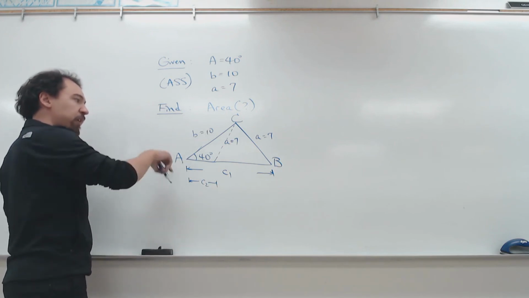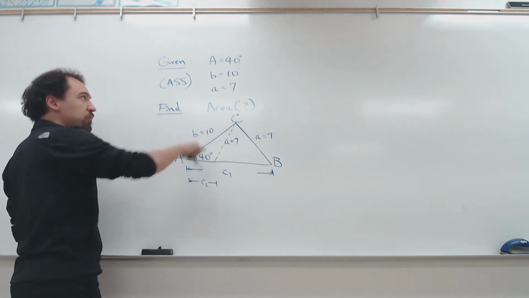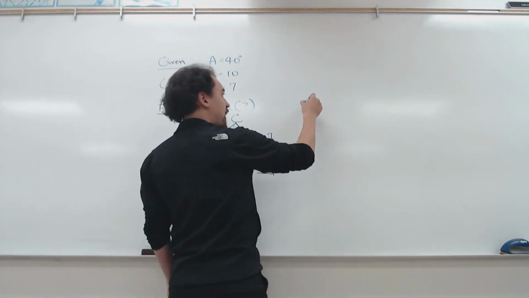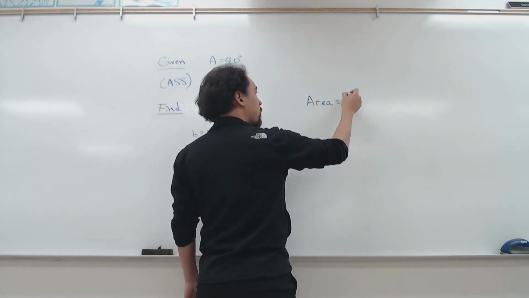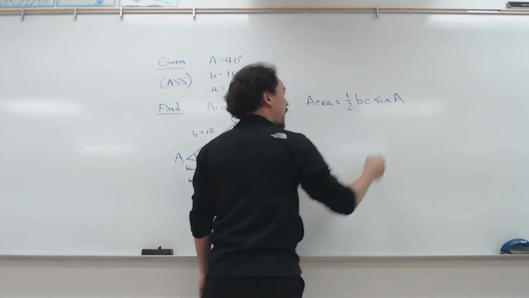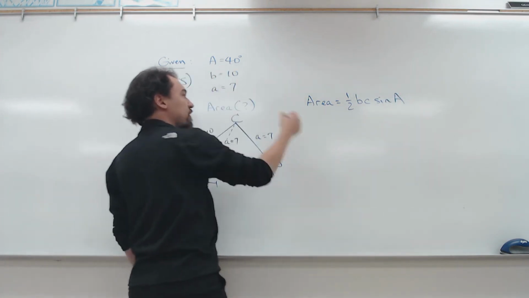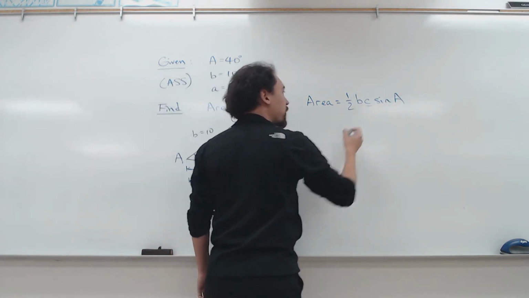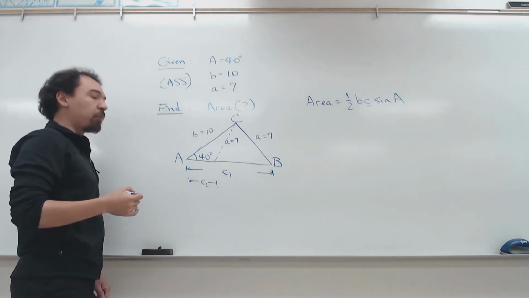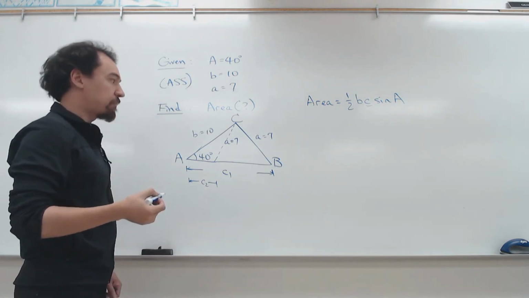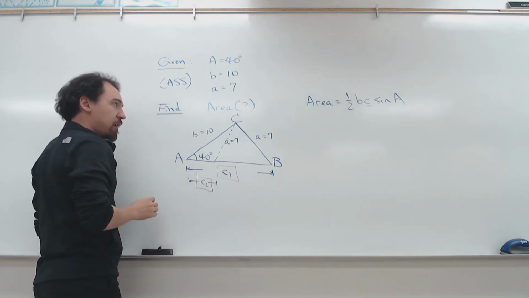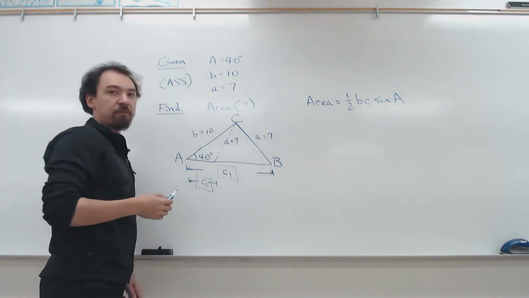Now if we were trying to find the area of this triangle using the given information, we would go side angle side and say that the area is 1/2 lowercase b lowercase c times sine of the angle A. Now, we were given two of those pieces, and we need to find lowercase c in order to find the area. However, when we did the ambiguous case, we found that there were two different values for c, meaning two different values for the area.